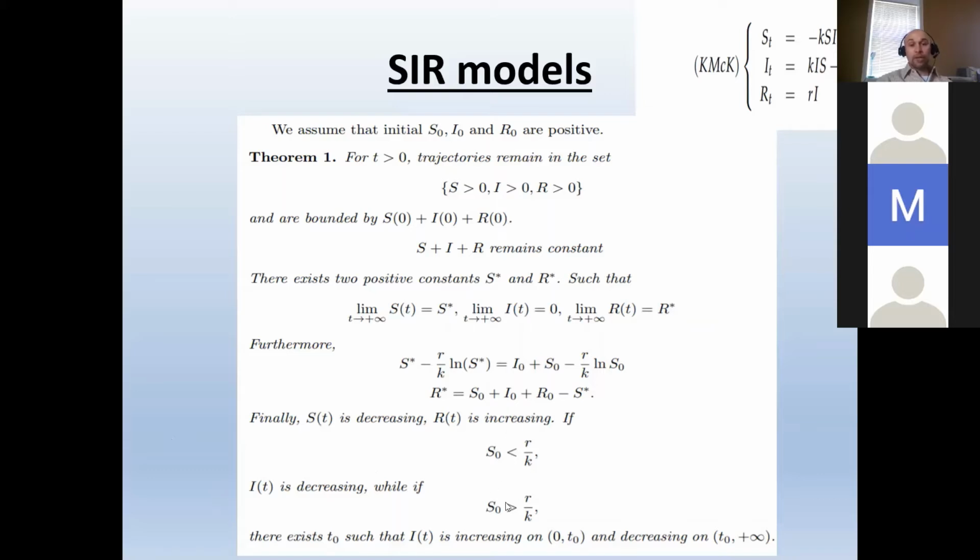But if S0 is greater than R over K, then there exists T0 such that I of t is increasing on the interval 0 to T0, and then decreasing on T0 to plus infinity. So your work of the day is to prove that. This is part of the course.